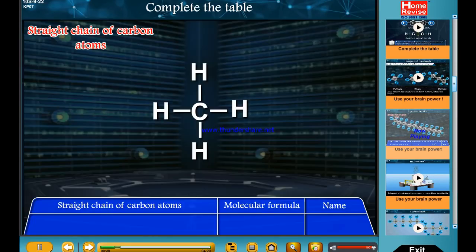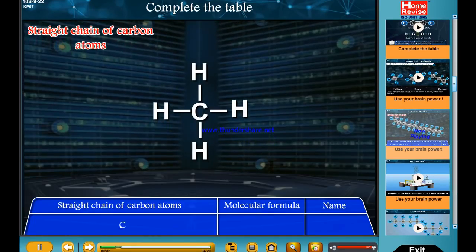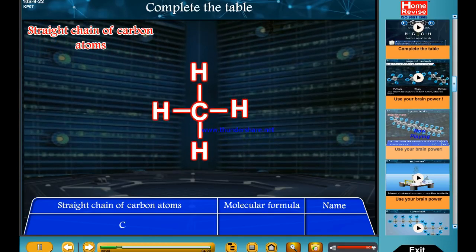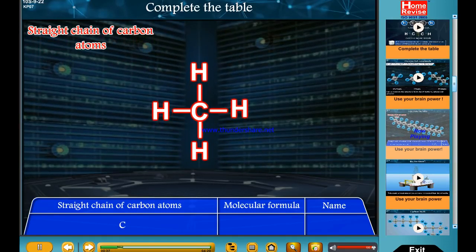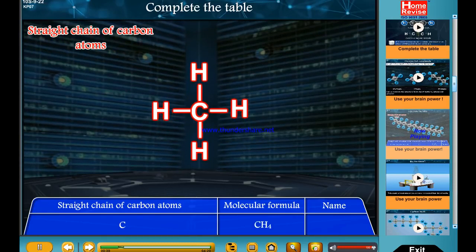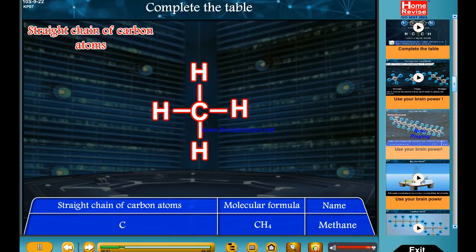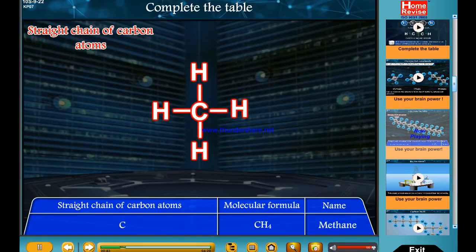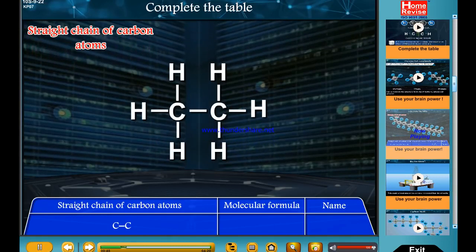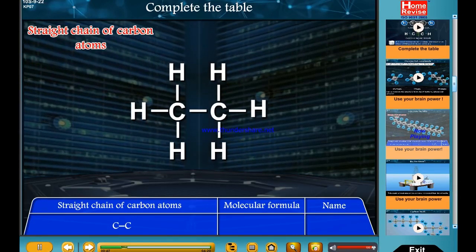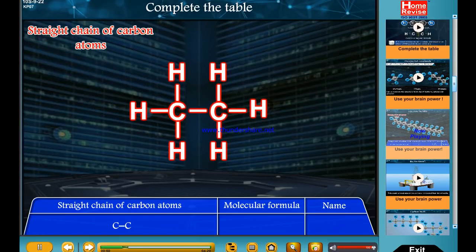The straight chain of carbon atoms, C. This is the structural formula. Its molecular formula is CH4. Name is methane. Straight chain, C single bond C. This is the structural formula.